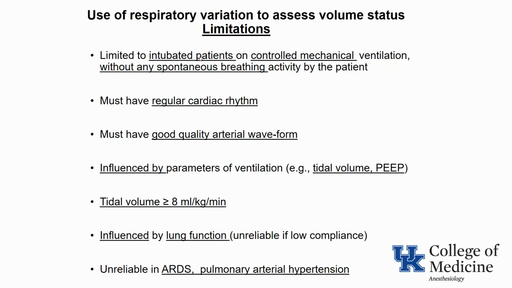It's limited to intubated patients on controlled ventilation without any spontaneous breathing. They must have a regular rhythm. You have to have a good quality arterial waveform. It's influenced by parameters of ventilation, and the tidal volume has to be greater than 8 milliliters per kilo, and they have to have normal lung function.